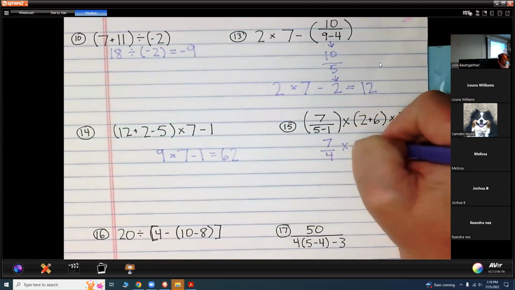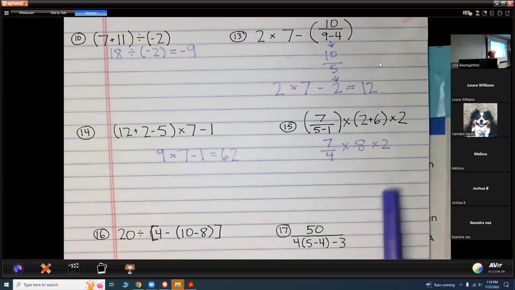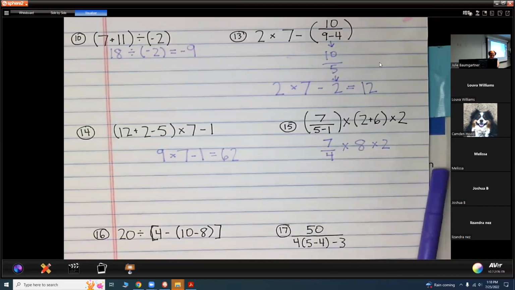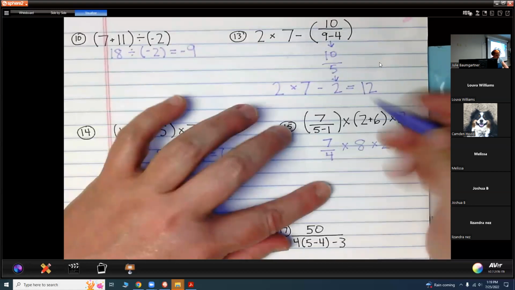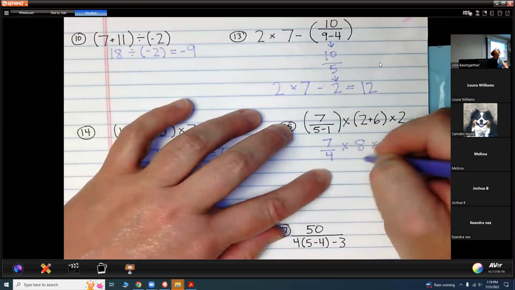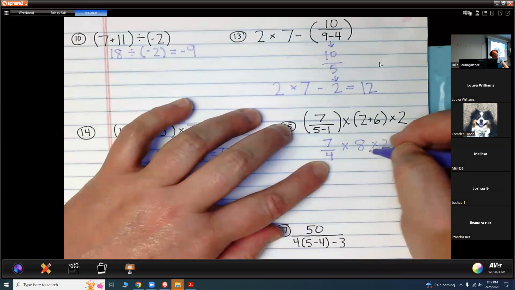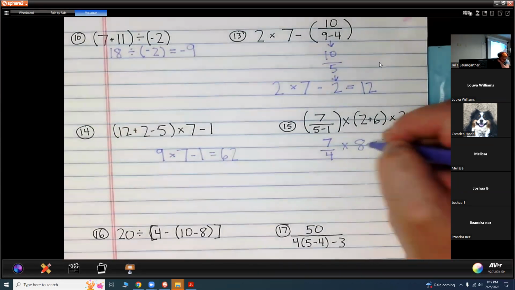times 2. Okay. So remember, when you have multiplying, you have to start from left to right. So let's see, 7/4 times 8 is, well, actually here, let's just make this.